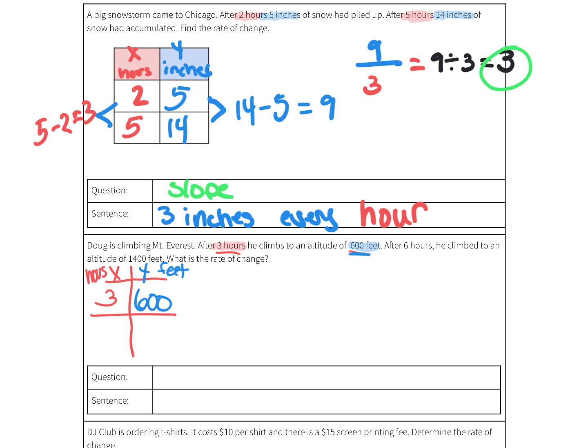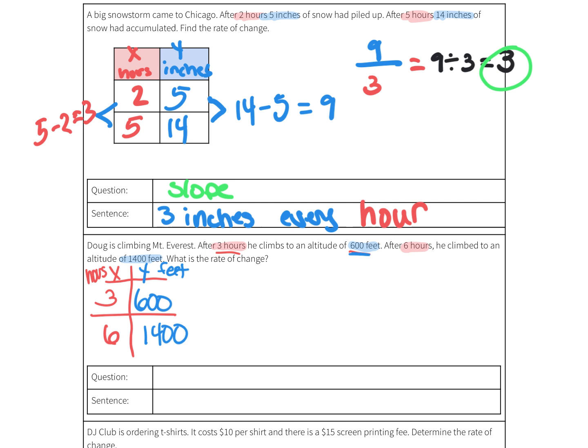Then at 6 hours, he was at 1,400 feet. Now that I have set up my table, I can find my rate of change.